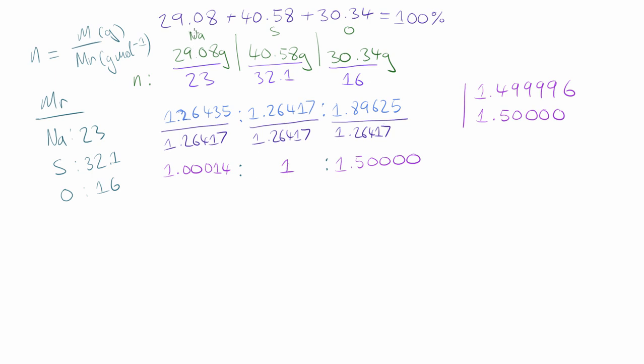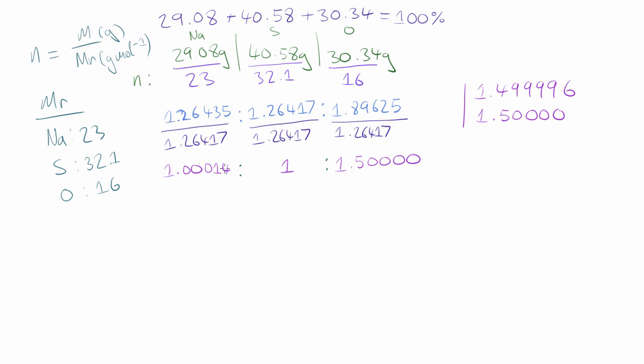For the sodium, it's very close to 1, but it's not 1. But for all intents and purposes, if we round this to 3 decimal places, it's 1. If you round it to 2 decimal places, it's 1. If you round it to 1 decimal place, it's 1. It's close enough to 1 that it's basically 1, right? I'm going to keep it the way it is for now. We can do any rounding later, but it's more or less 1.